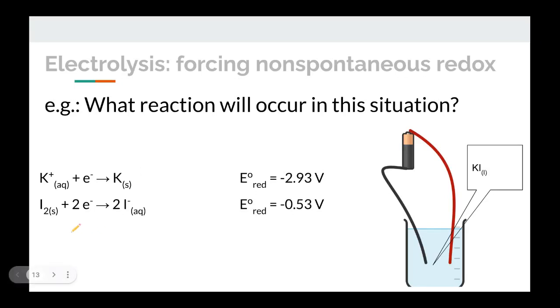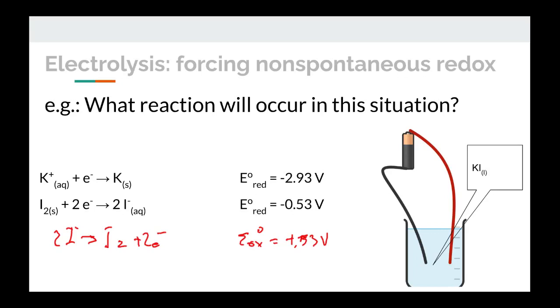The iodide ions that are in there are going to become I2. So that means 2I- is going to become I2 and release those 2 electrons, which will then be used to reduce the potassiums. So the oxidation potential here is the opposite of the reduction potential for the reverse reaction, so that's a positive 0.53 volts.